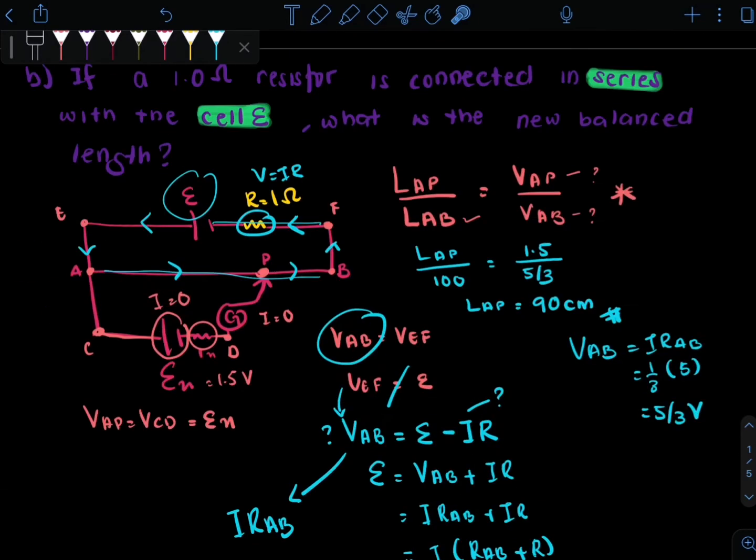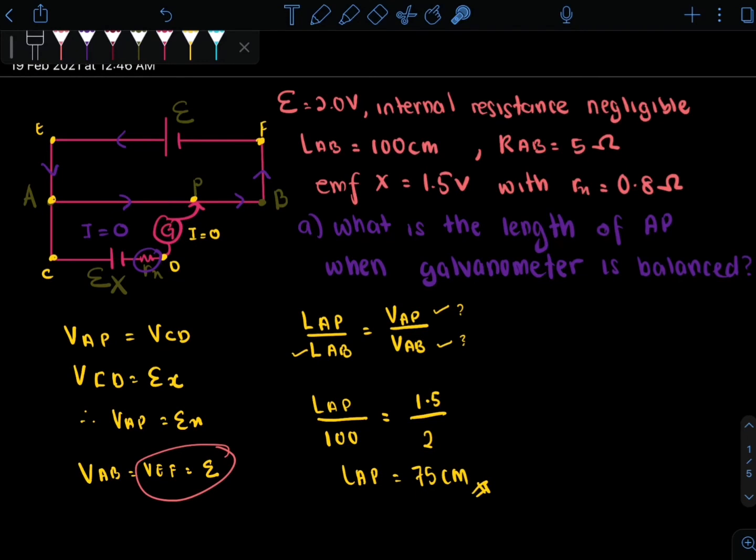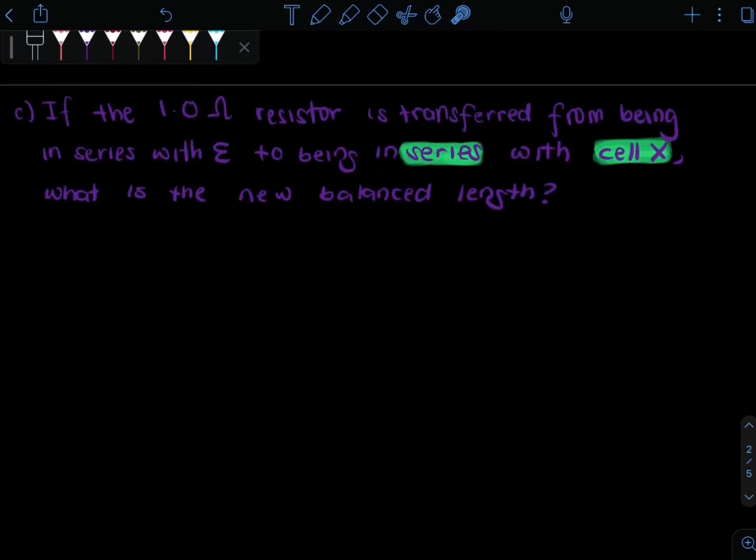Okay, so figure asal kita, the initial question was like something like this. So sekarang kita akan letak the new resistance in series with this EMF. Okay, so circuit kita will look like, we're going to have EMF, and then we have our potential wire AB here.